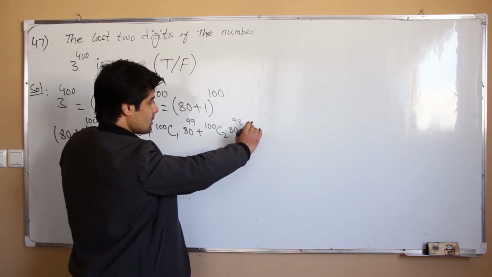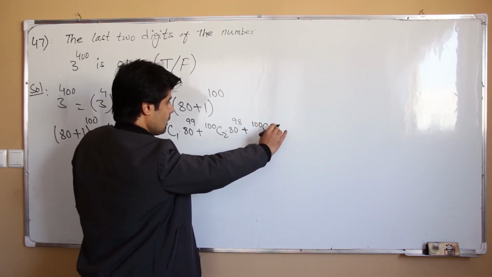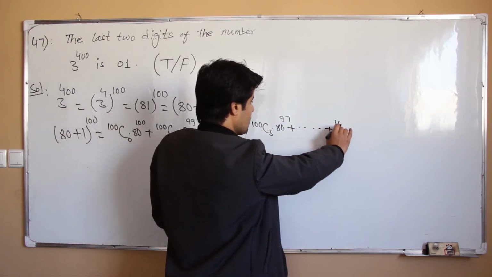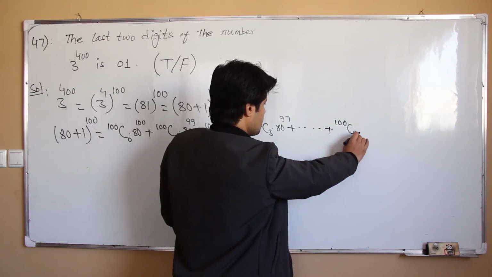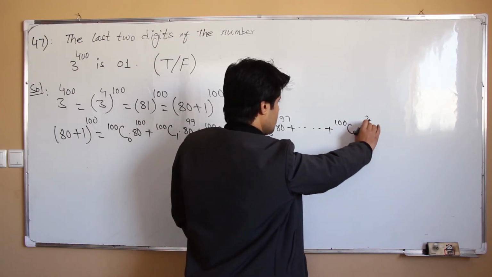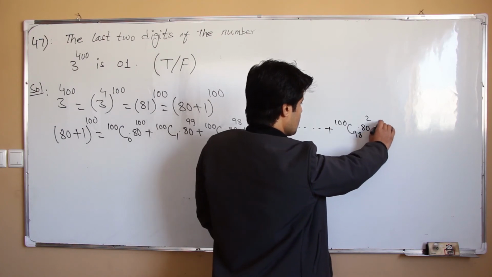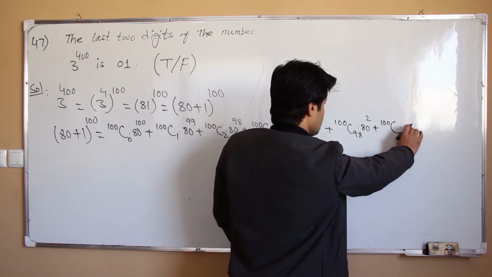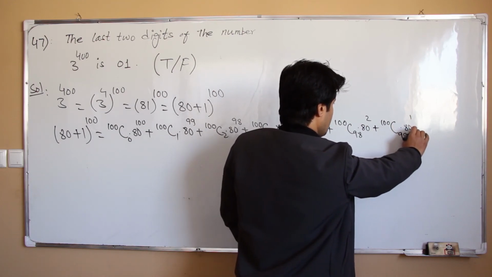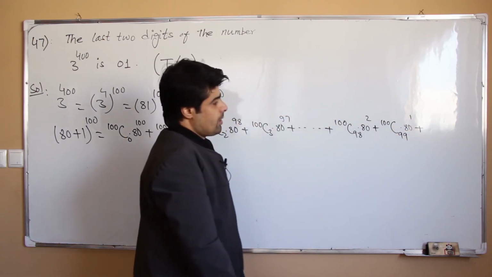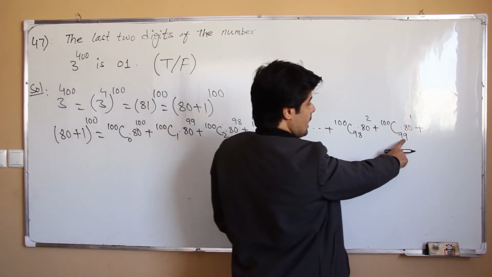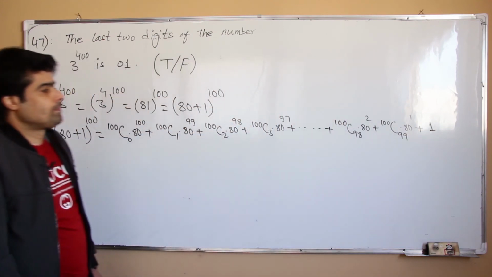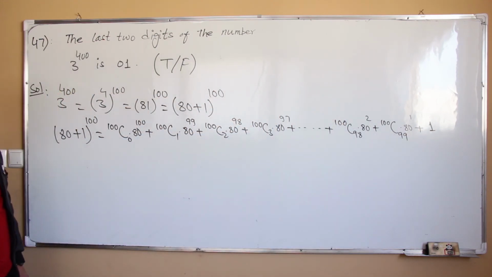Now what is the next term? 100 C 3, 80 to the power 97. And the last ones are 100 C 98, 80 to the power 2. Am I right or not? Yes. And 100 C 99, 80 to the power 1. And the last one is 100 C 100, 80 to the power 0, plus 1. Am I right?